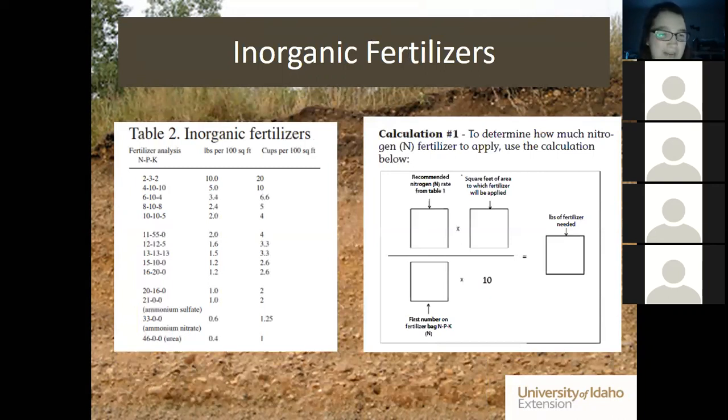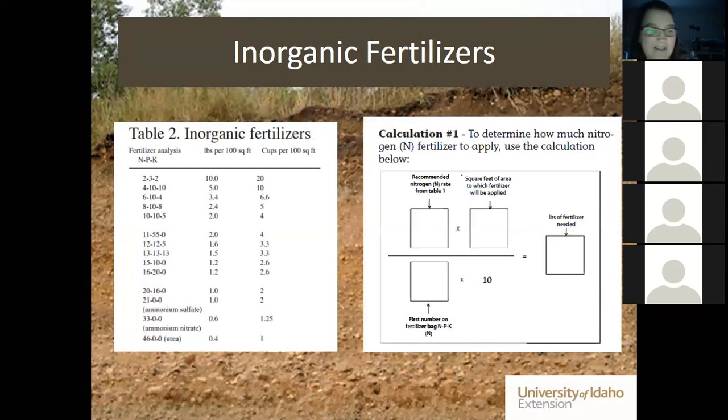I should have taught him this calculation. So that ammonium sulfate was 21-0-0. So I'm going to put the 21 in the denominator, and then it says times 10. So 3 times 1,000 on top is going to be 3,000, and 21 times 10 is going to be 210.